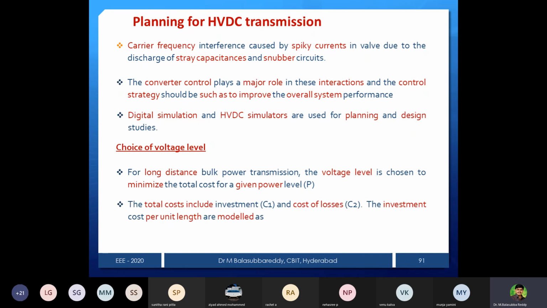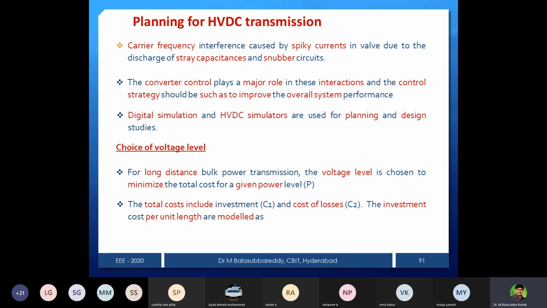Two things: one is the investment cost, another one is the loss. Loss also we have to consider as a cost, because once the power is generated, whether you are utilizing it or not, even if it is wasted, there is an investment cost. So that's why you have to count the two things. Total cost is the sum of C1 plus C2. C is equal to C1 plus C2, that includes the investment cost as well as the cost of loss.